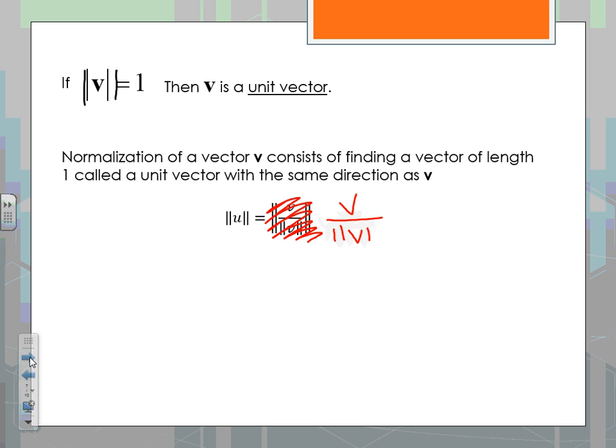Okay, so a unit vector in the same direction as v, we would find by taking our vector and dividing it by its magnitude.